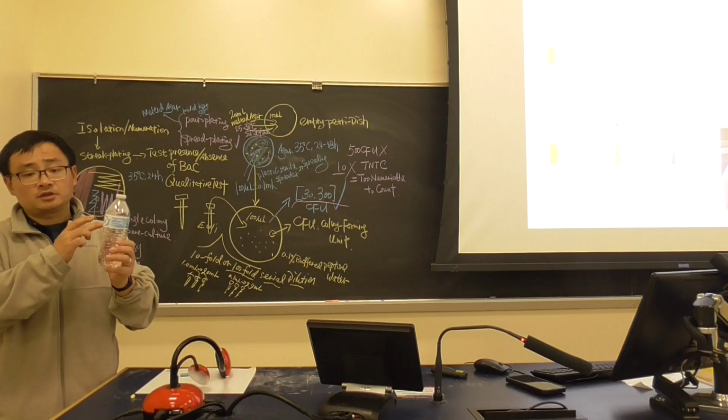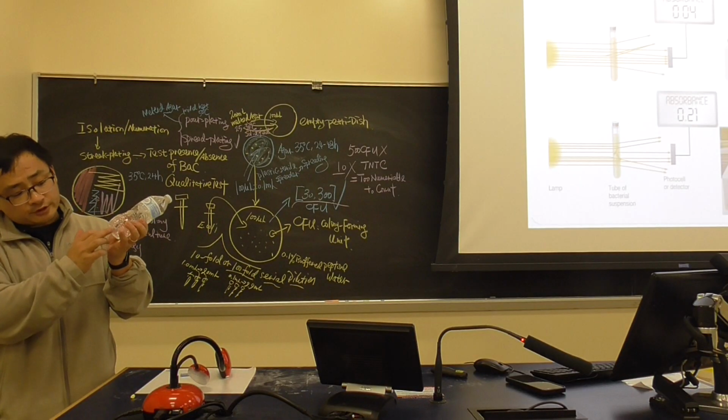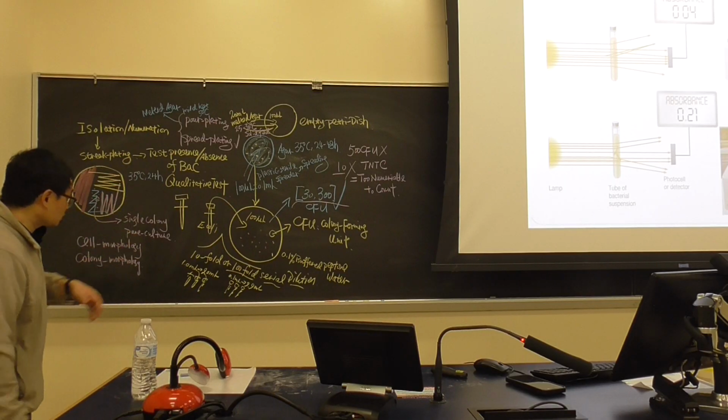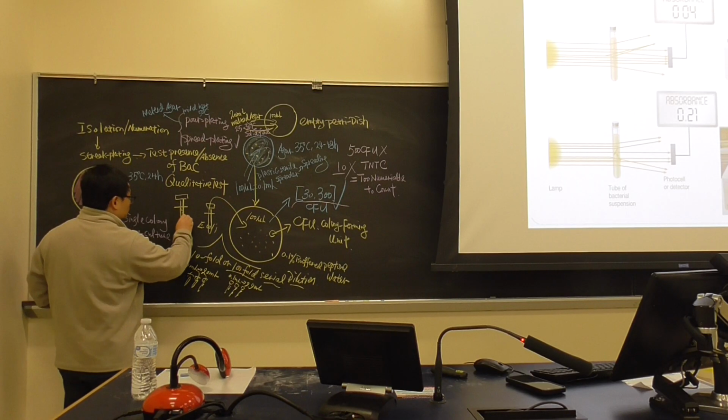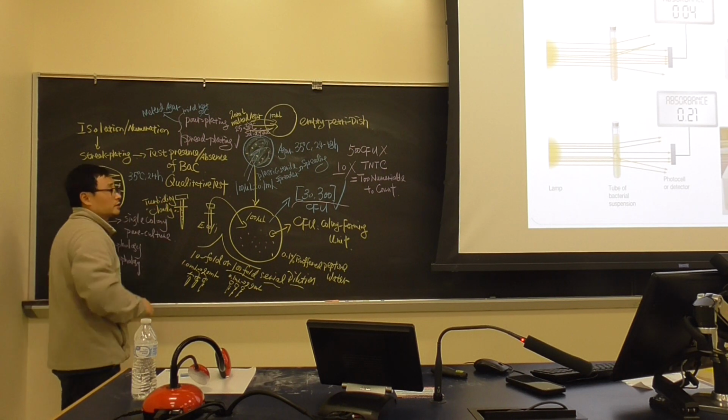We call it pellicles. That means something's growing. You see the whole bottle is turbid. That means something is growing. And also you see precipitation at the bottom. That means bacteria is there. And if you shake it, it turns turbid. Or using layman's language, it's cloudy, which means bacteria is there.